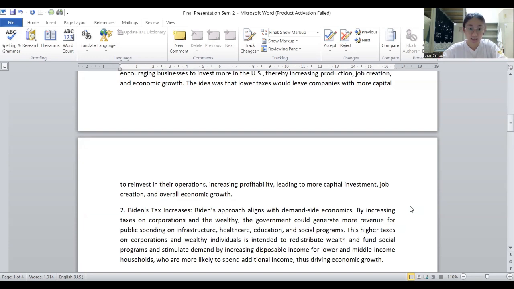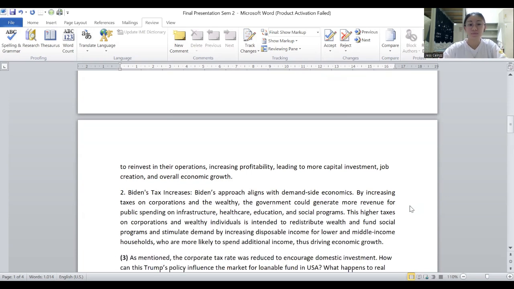These higher taxes on corporations and wealthy individuals are intended to redistribute wealth and fund social programs, and stimulate demand by increasing disposable income for lower and middle income households, who are more likely to spend additional income. Thus, it will drive economic growth.